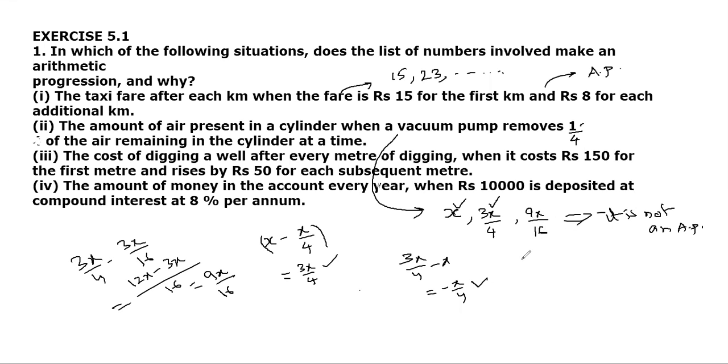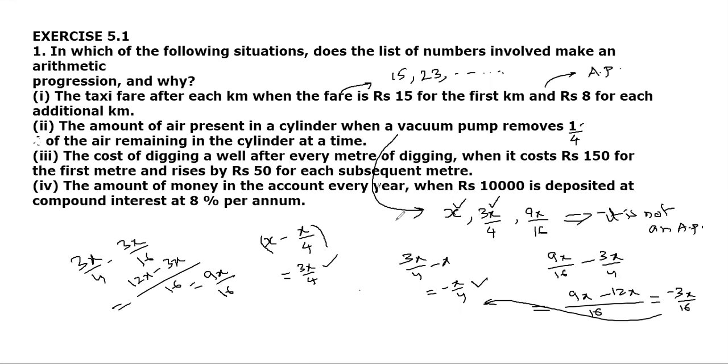So now check this: 9x/16 minus 3x/4, with LCM 16, is 9x minus 12x, which is minus 3x/16. This is not equal to the earlier difference. Therefore, the common difference D is not there, so it is not an AP.